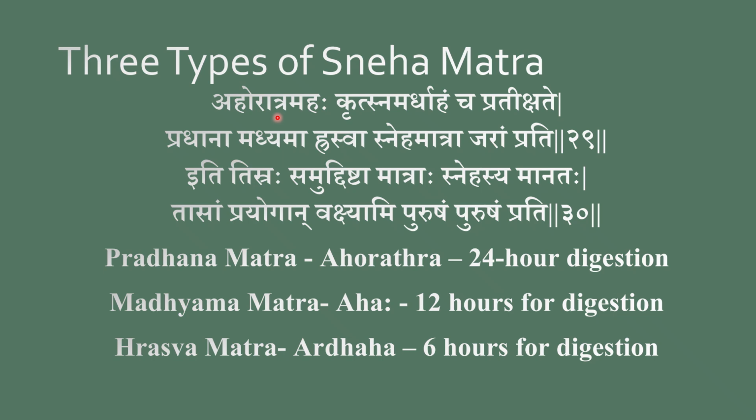It takes 12 hours for digestion. And Hraswa Matra, that is the Artha. It takes about 6 hours for digestion. Tasam prayogan vakshyami purusham prati. So we will see their prayoga depending on the persons.